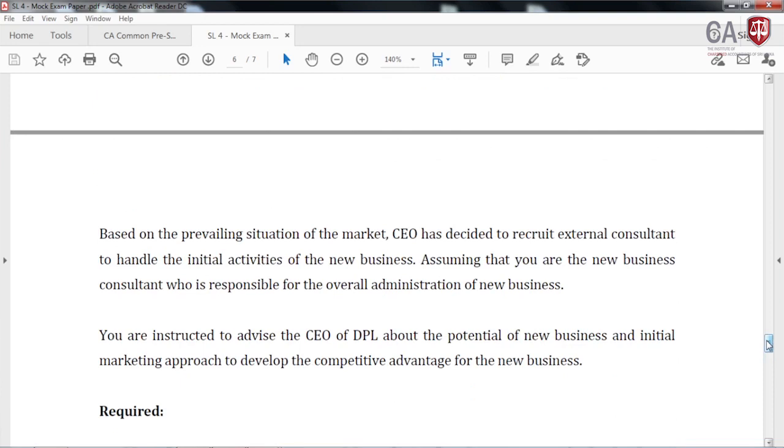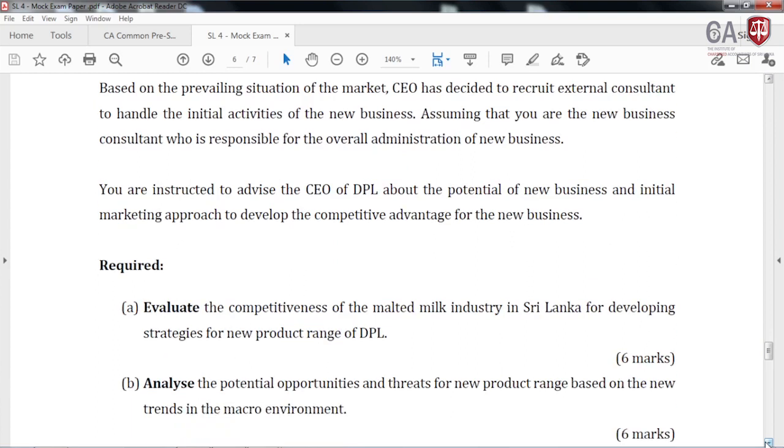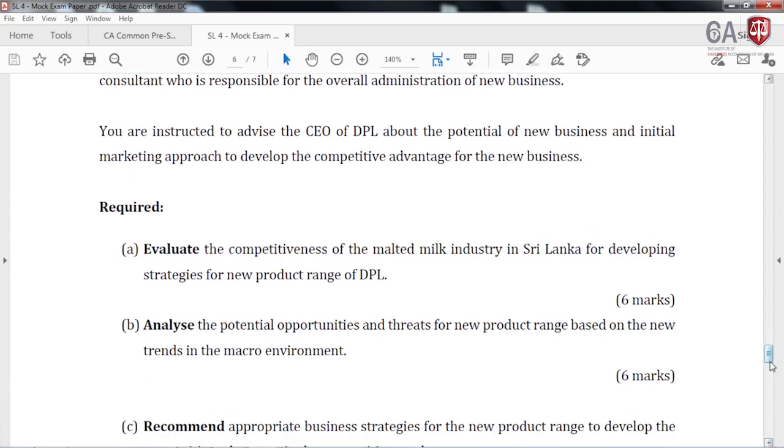Since we are more familiar with the pre-seen information, I am going to start the paper with the unseen part given for the same scenario. I think that will be a more beneficial approach for you also, since you are familiar with the facts. So, 50 marks are allocated for this. So, we will read the information given.